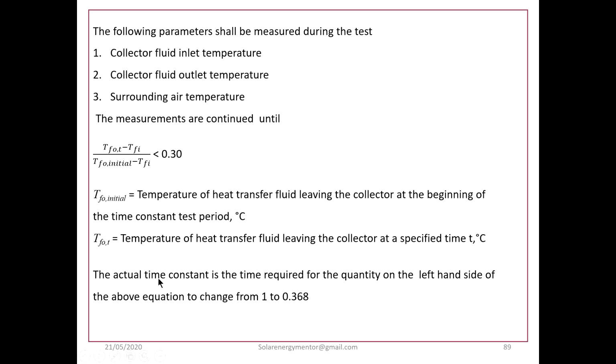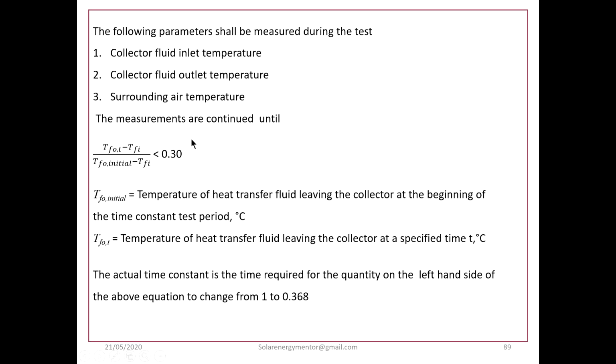The actual time constant is the time required for the quantity on the left hand side of the above equation to change from 1 to 0.368. But the Indian standard wants this time constant to be evaluated for 0.3. So at which time do you get this ratio 0.3?